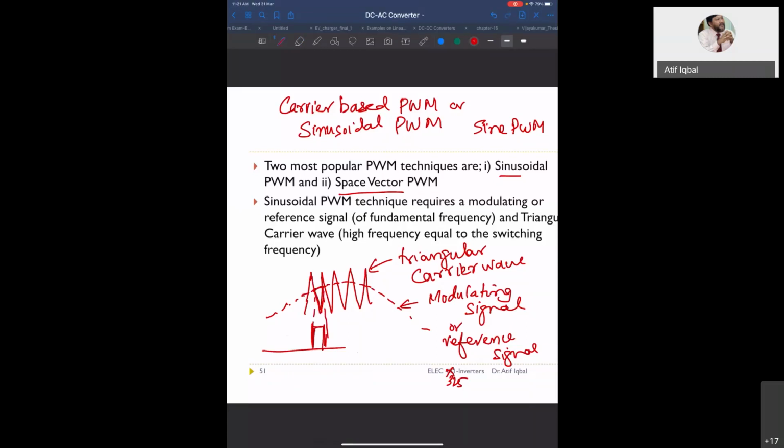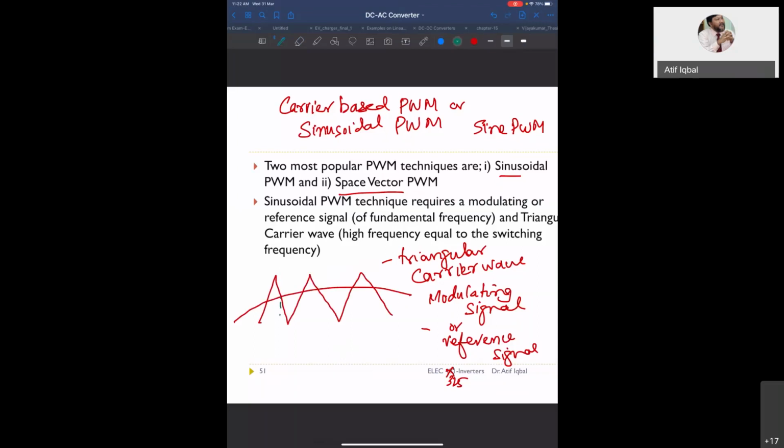I have to draw it more clearly, so let me show you a small cycle.